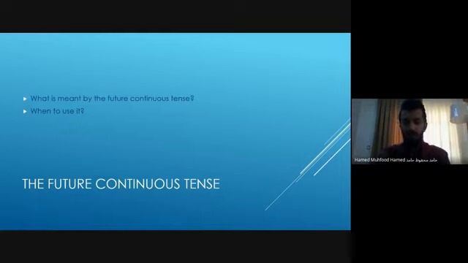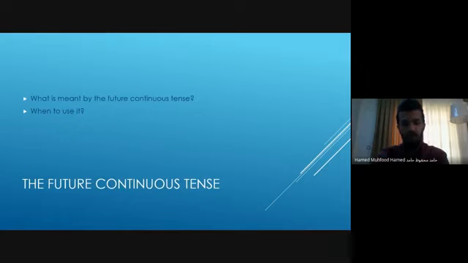We said that the present continuous tense can be used to speak about an action that is happening at the moment as we speak. And when we were talking about the past continuous tense, we said that it refers to an action that was in progress during a specific period of time in the past, right?